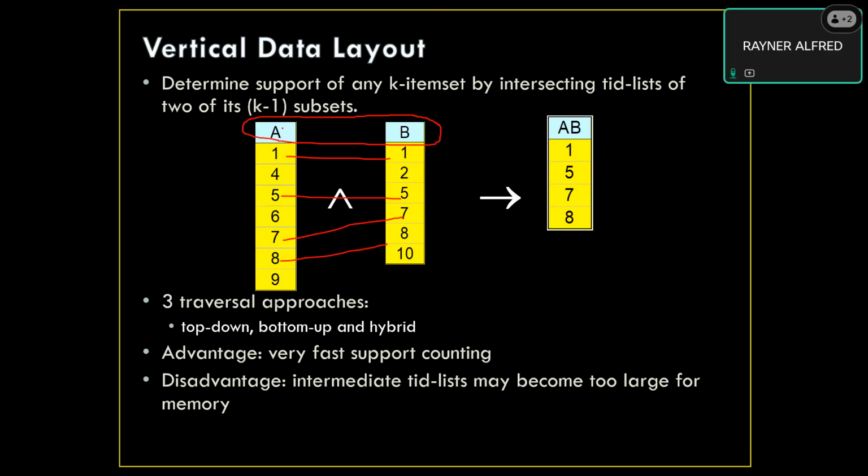This is item A, this is item B. If you want to know the number of transactions containing A and B, we just map the ID numbers that we have here. So this is very fast as well.